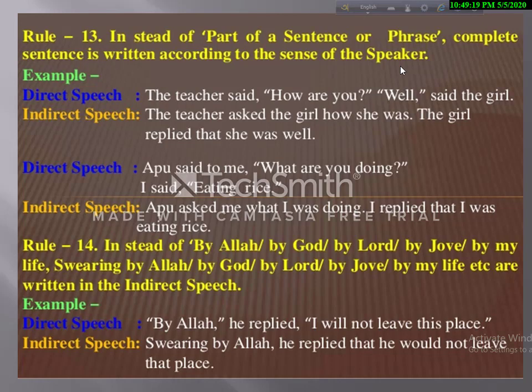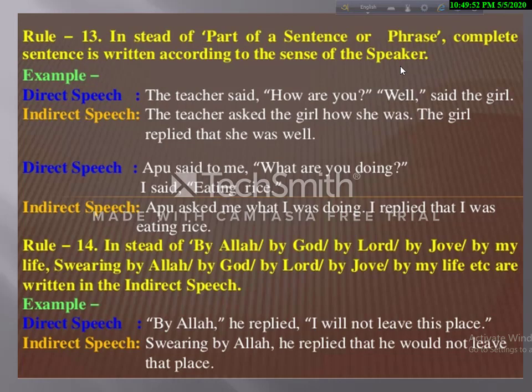Because it may be an informal conversation also, but indirect speech is actually a formal one, and that is why there should be no incomplete sentences here. So the rule is that if there is any incomplete sense or incomplete sentences in direct narration, you will have to write a complete sentence.